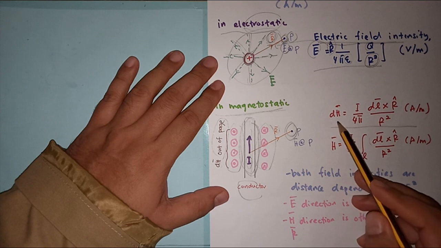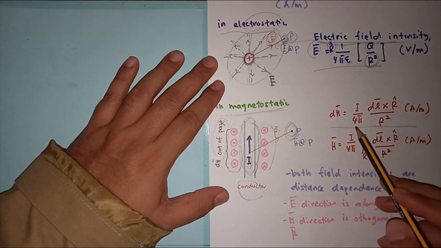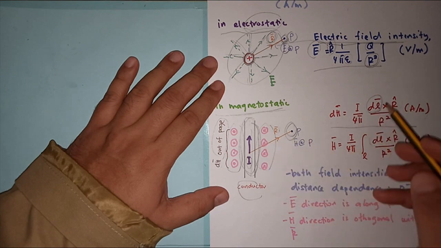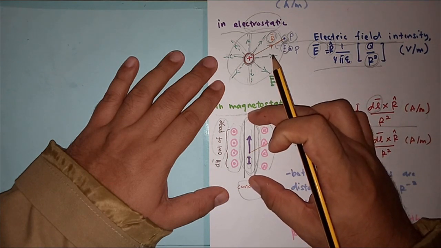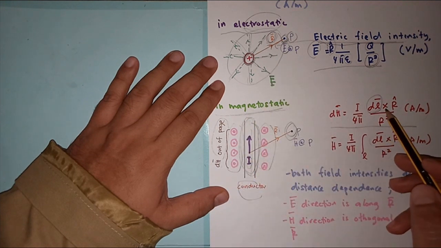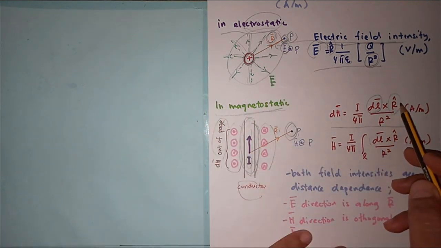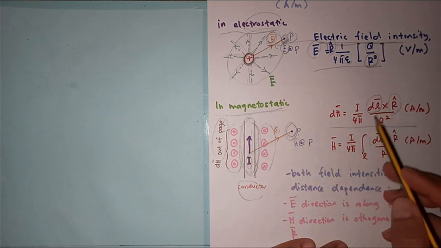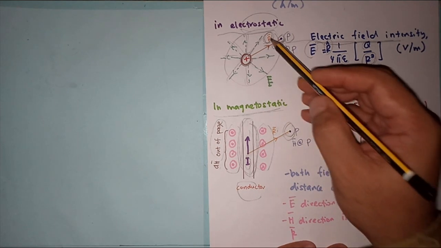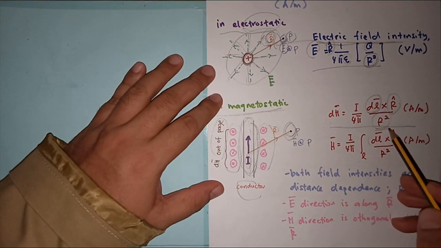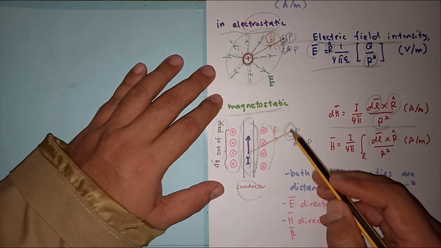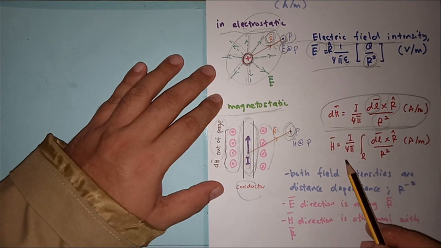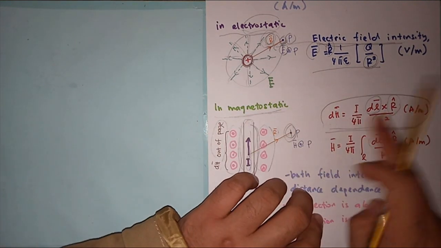We have dH equal to I divided by 4 pi, times the vector dL, which is the length element representing the current flowing here, crossed with R cap, the unit vector that represents our vector R here, all divided by R squared. Similar to what we have in electrostatics, R is the distance between the current and the test point here. This equation can be solved by integrating both sides.